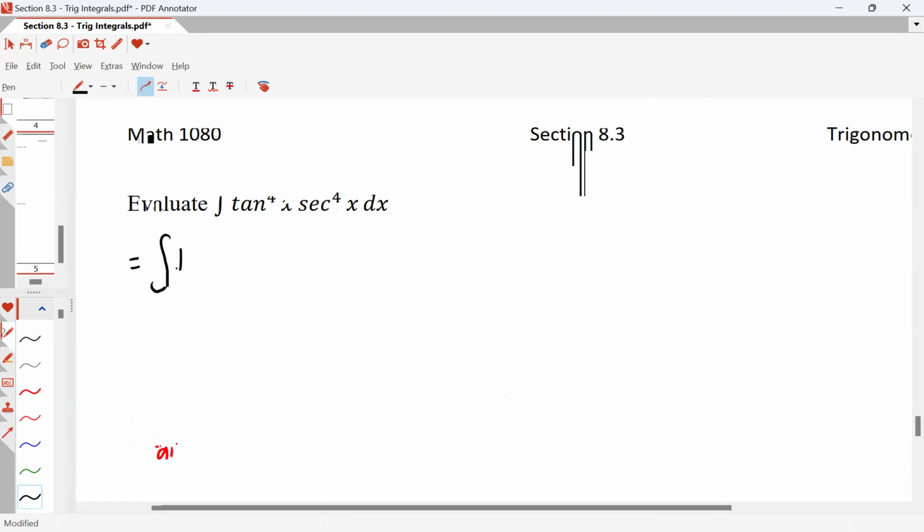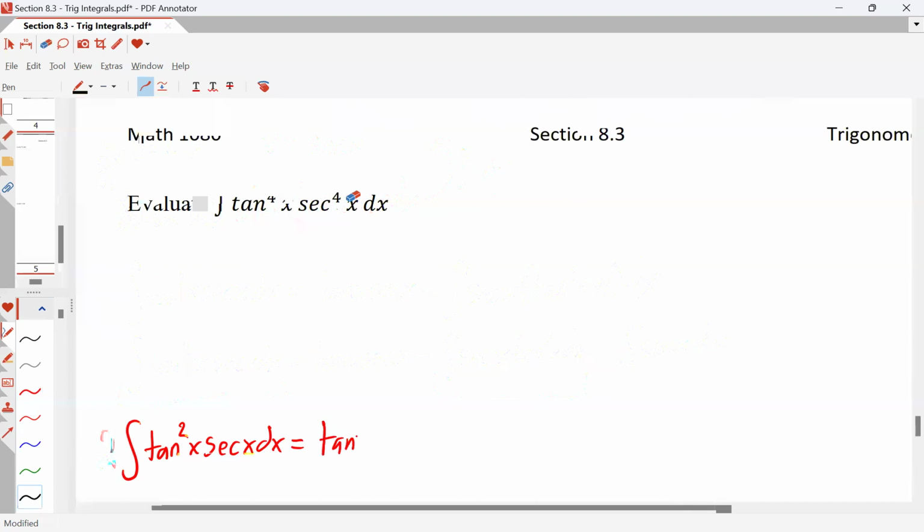of these integrals is equal to everything else.